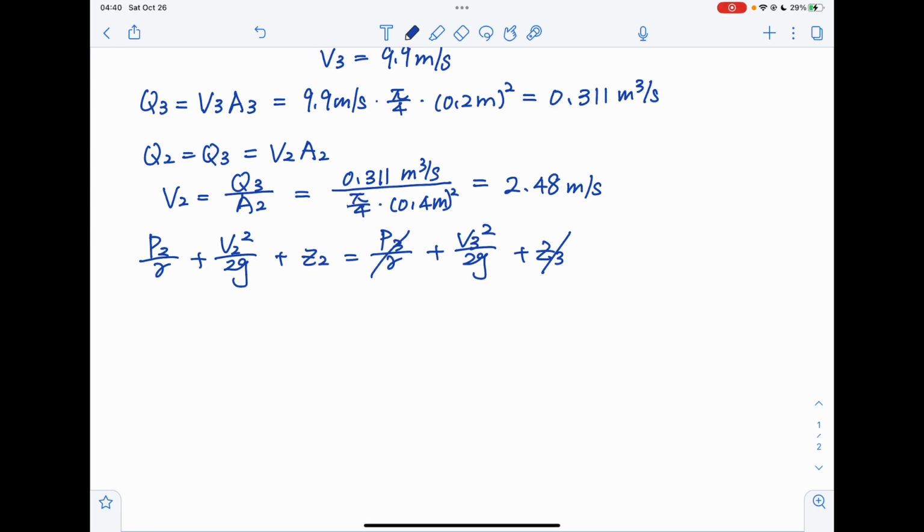V3 we already found, and V2 and Z2 we also know.